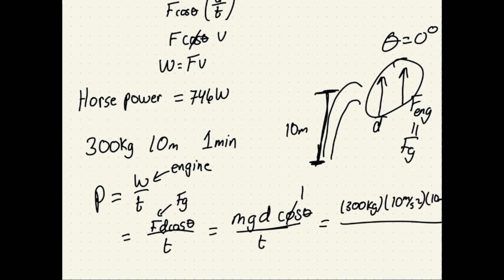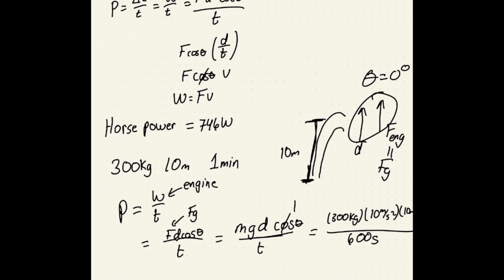And then we're going to divide by 1 minute. But we don't use minutes in physics, we use seconds, so we multiply by 60, and we divide by 60 seconds instead of 1 minute. If I plug that into my calculator, it should be somewhere around 500 watts, if I did that correctly.